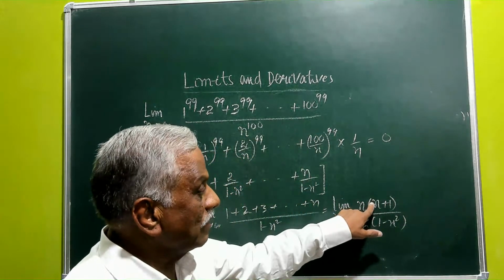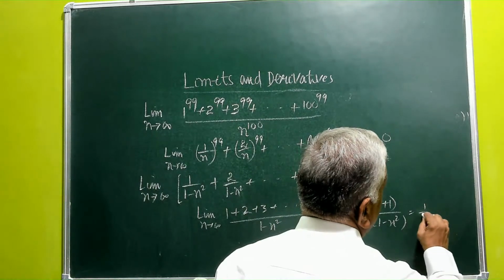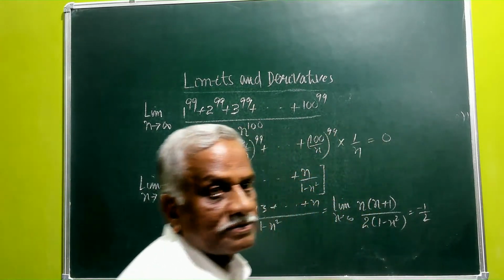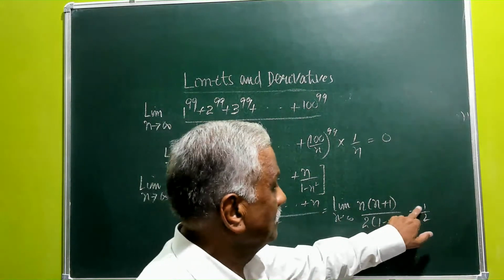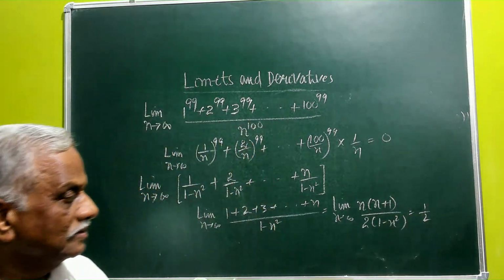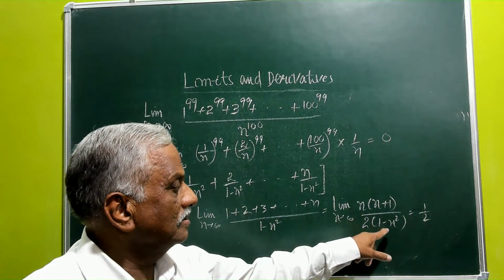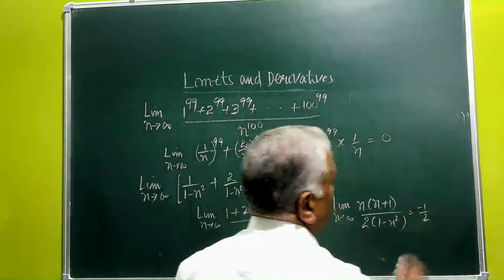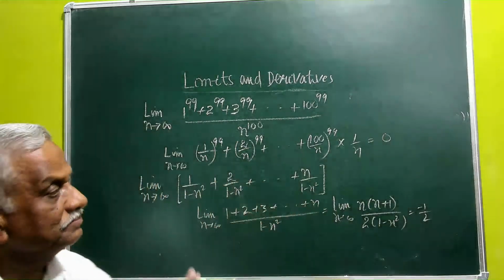N square coefficient is 1, here also 1, therefore answer is minus half. It's not minus, plus half. It is half. Because the coefficients, it is minus half, because you are going to get minus 2n square and n square here. Minus half is the answer.